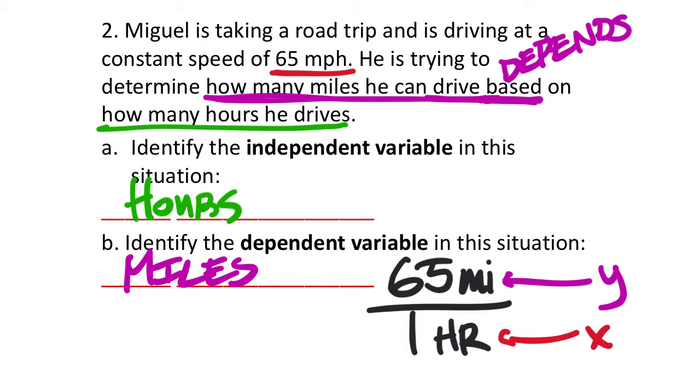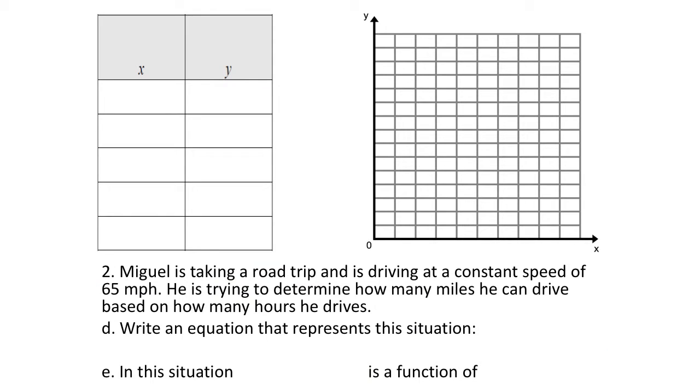As long as you know y is dependent and x is independent, if you saw it as a fraction like this, you'd know very quickly which one is dependent and which is independent. So now that we know which is independent and which is dependent, remember the x is independent, and that was hours for this one. And the y value is dependent, which is miles for this one.